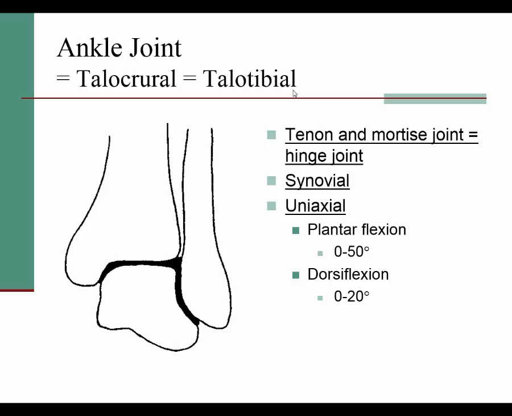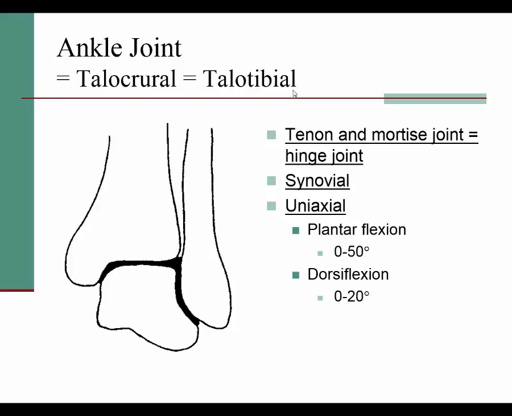Uniaxial means there's only one movement here. It's plantar flexion and dorsiflexion, so up and down like you're pumping a gas pedal. It's considered a tenon and mortise joint. The reason that we call it the tenon and mortise joint is because it's locked together like a hinge.